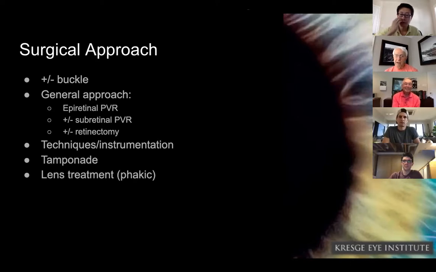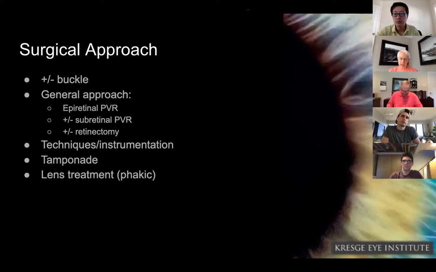So if you look at my re-op results, which we published a couple of years ago, we did retinectomies in I think 85, 90% of the cases on these re-ops. And so I became very liberal in doing retinectomy in re-ops.